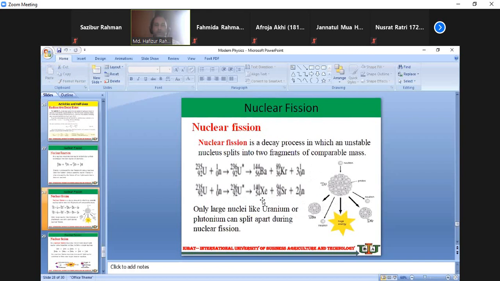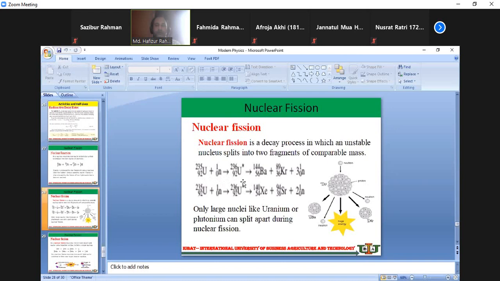In fission, a very heavy nucleus like uranium collides with a neutron and goes to an unstable state. You can see in the first reaction, uranium goes to an excited or unstable state because of collision with a neutron.